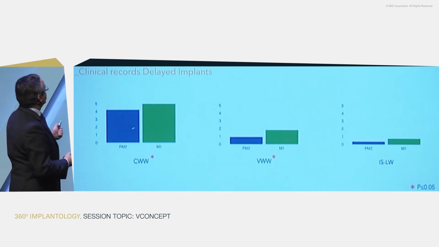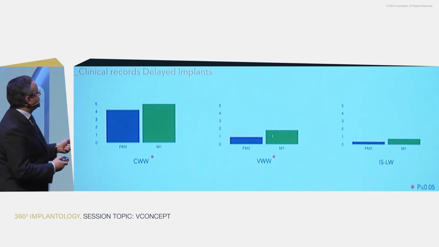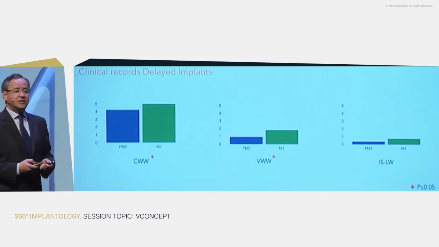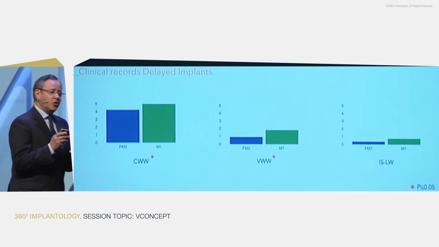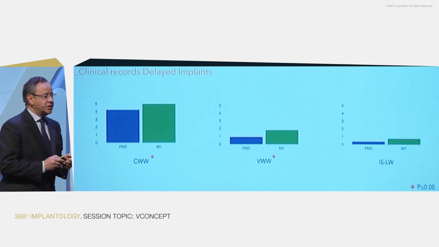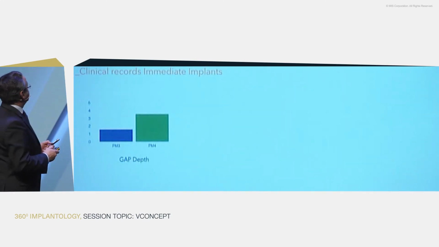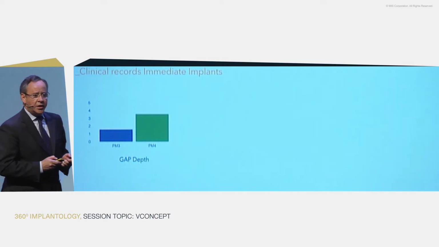So this is important when we analyze the results, because since these differences are statistically significant, we need also to analyze the impact of the site when we analyze the differences between the experimental and the control implants.